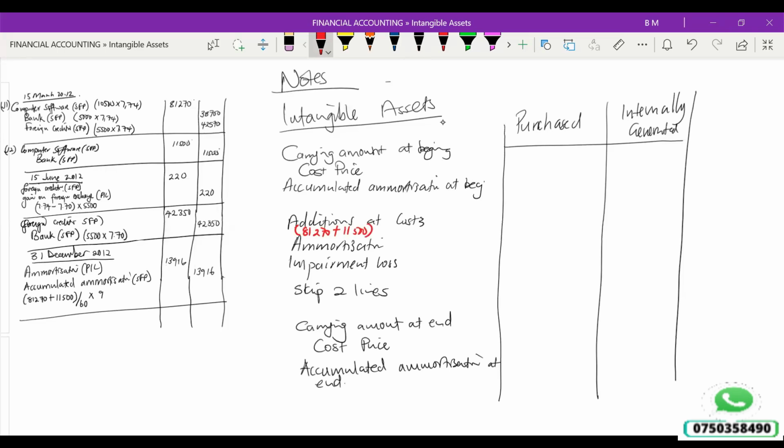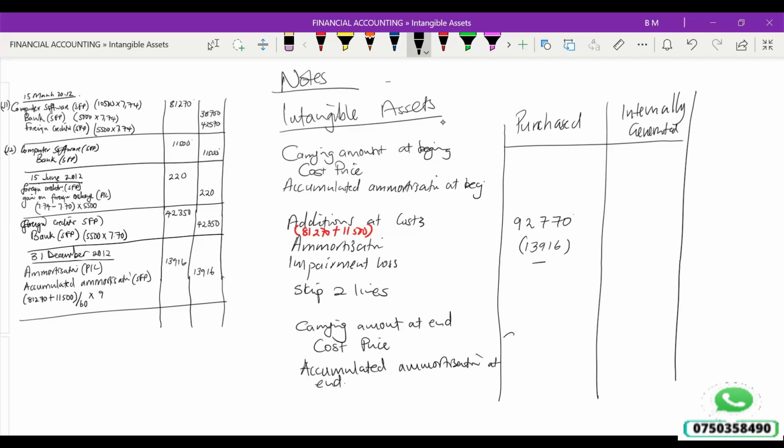How much do I get? 92,770. Then amortization, we say it is 13,916.